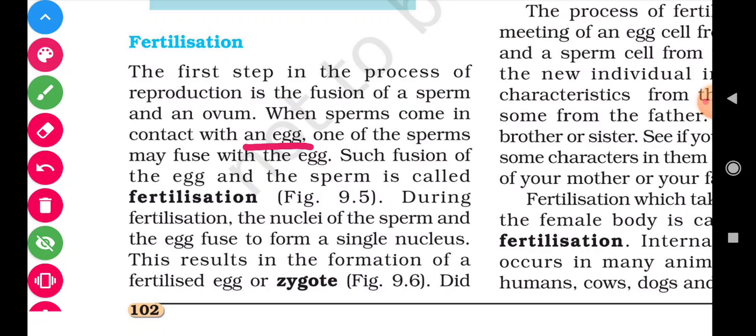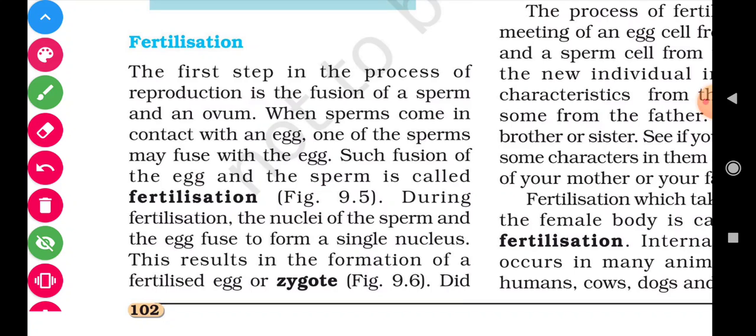the egg which is taken out from the ovary and the sperm from the male reproductive system fuse with each other, and this fusion process of the egg and the sperm is called fertilization.